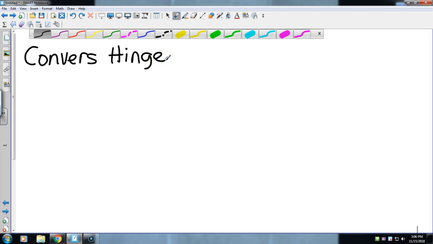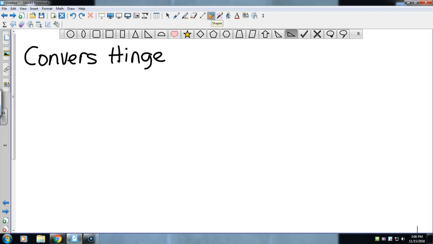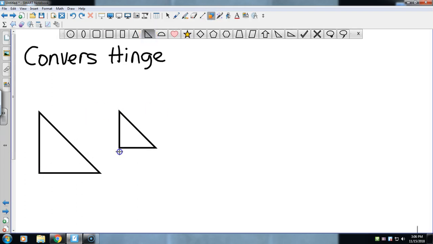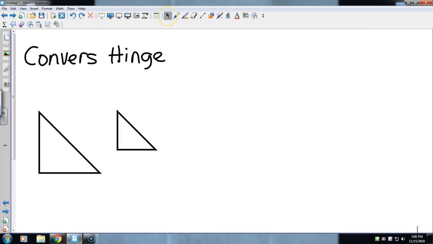The converse hinge says, let me draw a couple triangles. Board freaking out on me a little. Let's get that one and that one. Again, I can rotate it just a little bit to make it look a little bit different. I'll label them this time, ABC, and then D, E, and F.